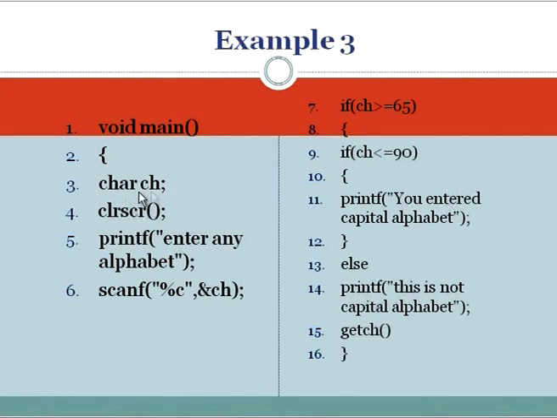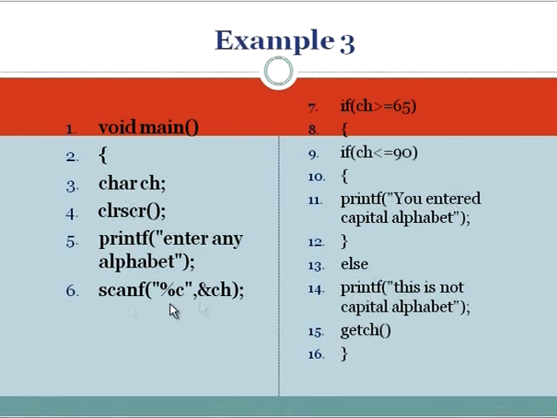For this purpose, we declare a character variable with the name ch. Then printf will ask enter any alphabet. Scanf will ask to enter the value for the variable ch.